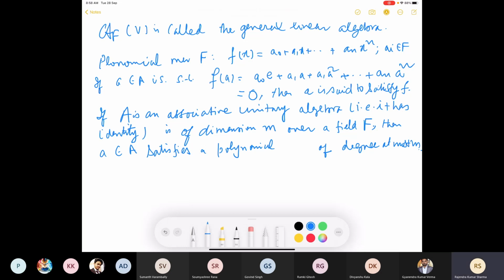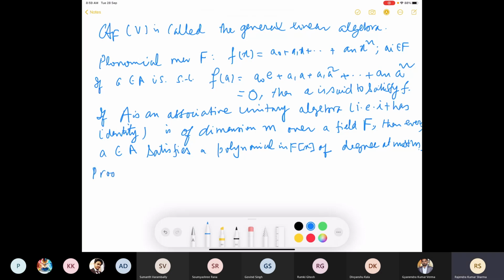Now, a polynomial over F means that this is the ring of polynomials over F. It happens that every element a of A satisfies a polynomial over F, and the degree of this polynomial will not exceed m, where m is the dimension. We say that the polynomial f(x) is of degree n if an is not 0. Others may be 0 or less.